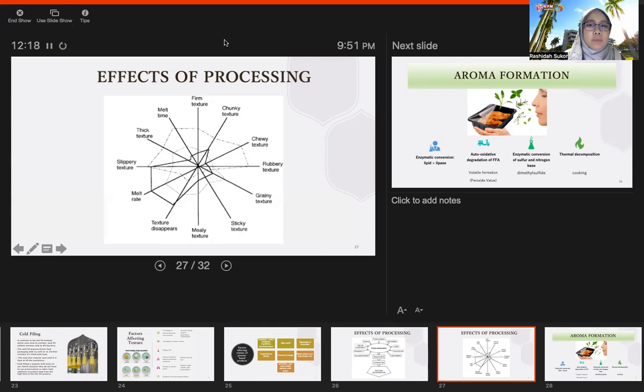Okay. Normally, for food processing, we will use a texture analyzer. We have a machine to actually analyze or calculate what is the form of texture of that particular food. Okay. This one, you can actually get it from the consumer studies.